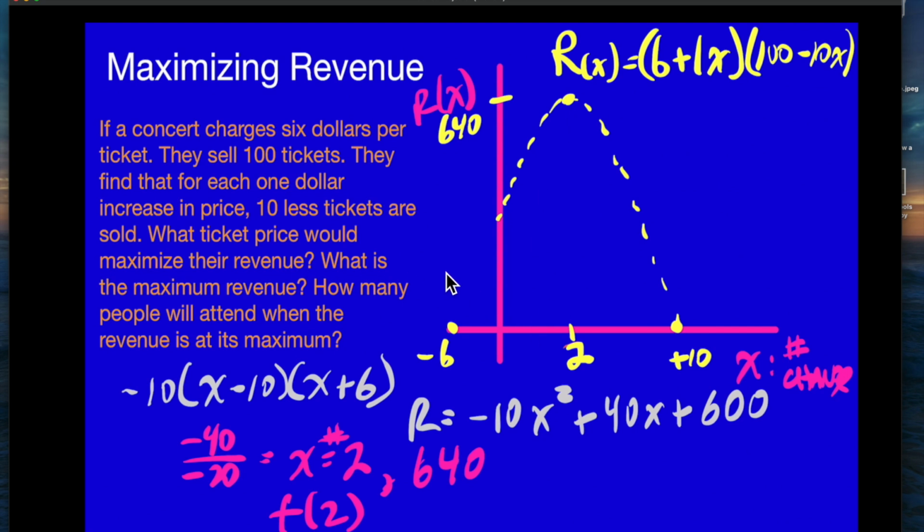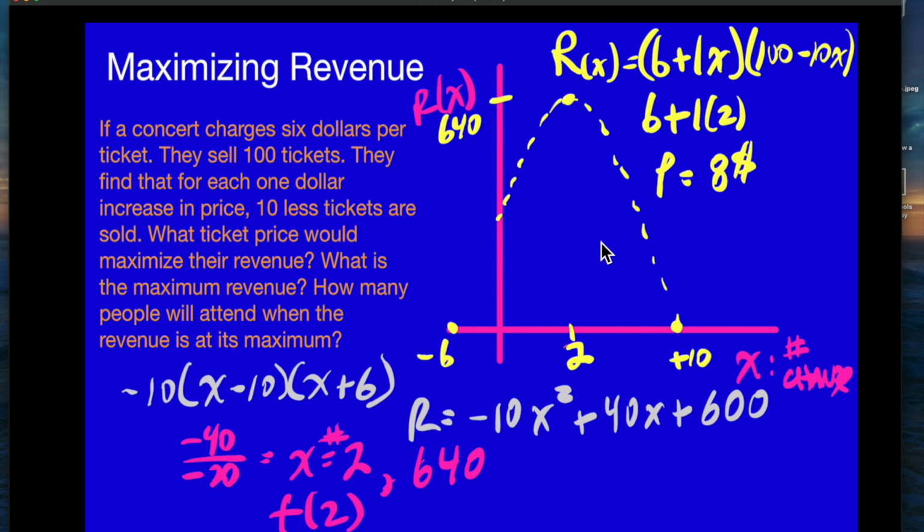So what is the price? Well, the price goes from 6 to 6 plus 1 times 2. So when the price equals $8, then we will have maximum revenue.